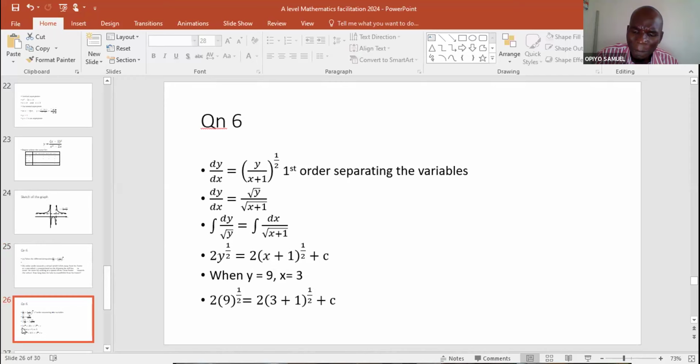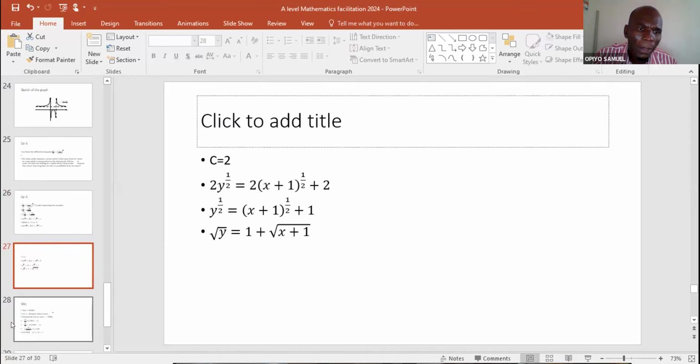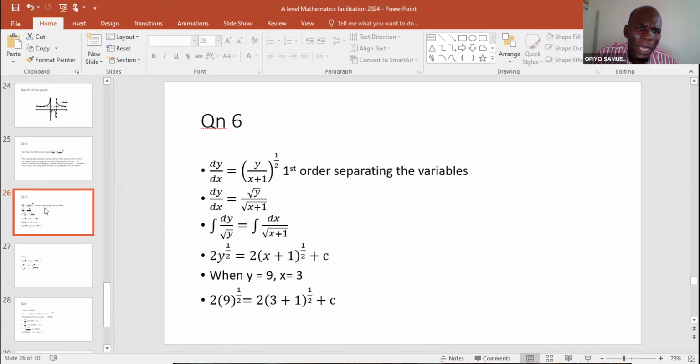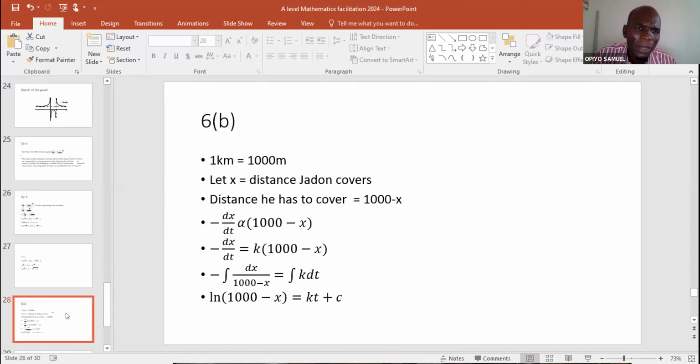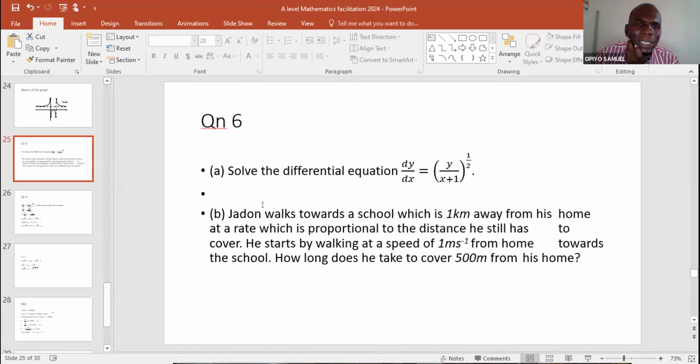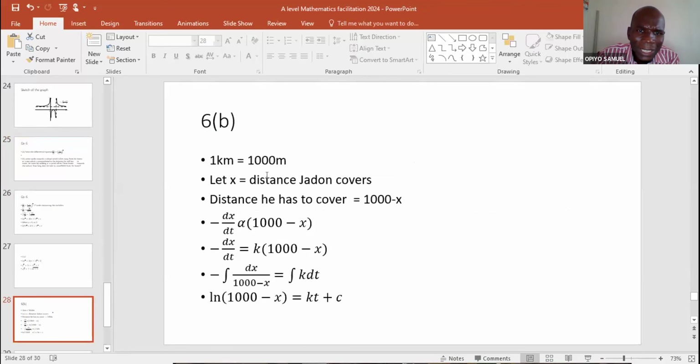Then for part B, this is where you need to formulate the differential equation. Jadon walks towards school which is 1 kilometer away from his home. The rate at which he walks is proportional to the distance he still has to cover. Here x is the distance covered, meaning the distance he has to cover is 1000 minus x.